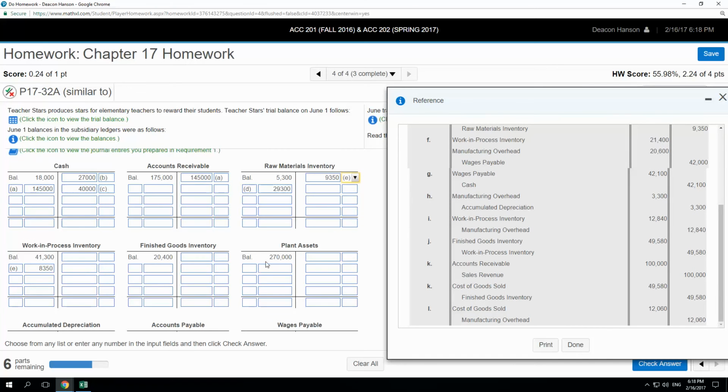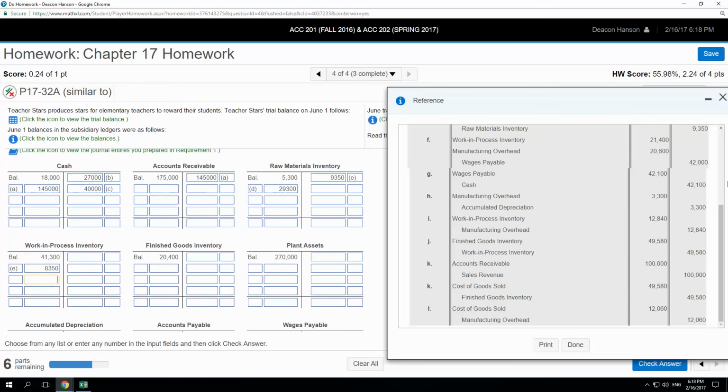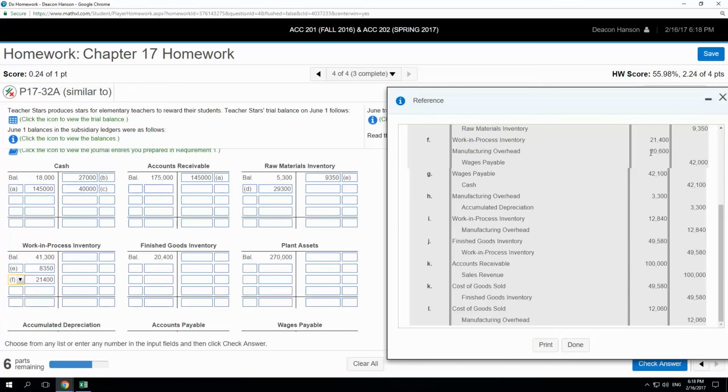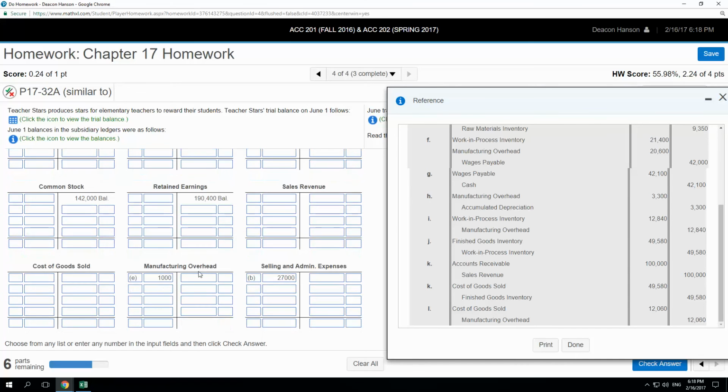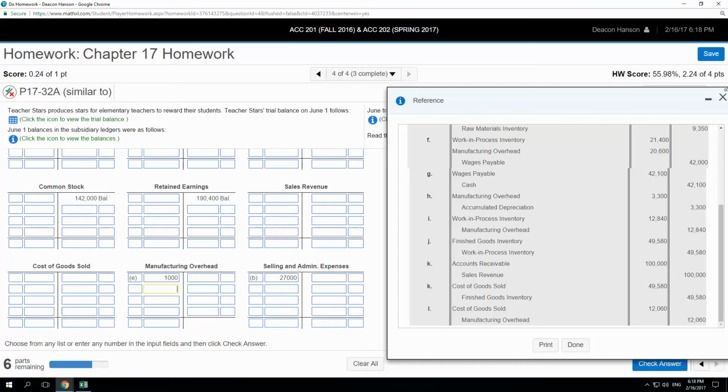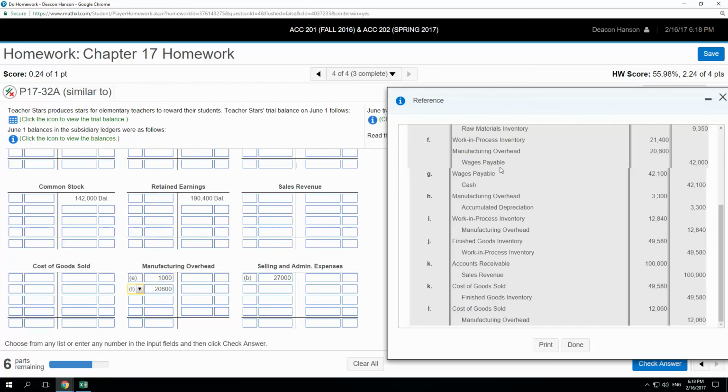Item F, we're going to do a similar dynamic here. We're going to debit work in process, debit overhead, and credit wages payable.